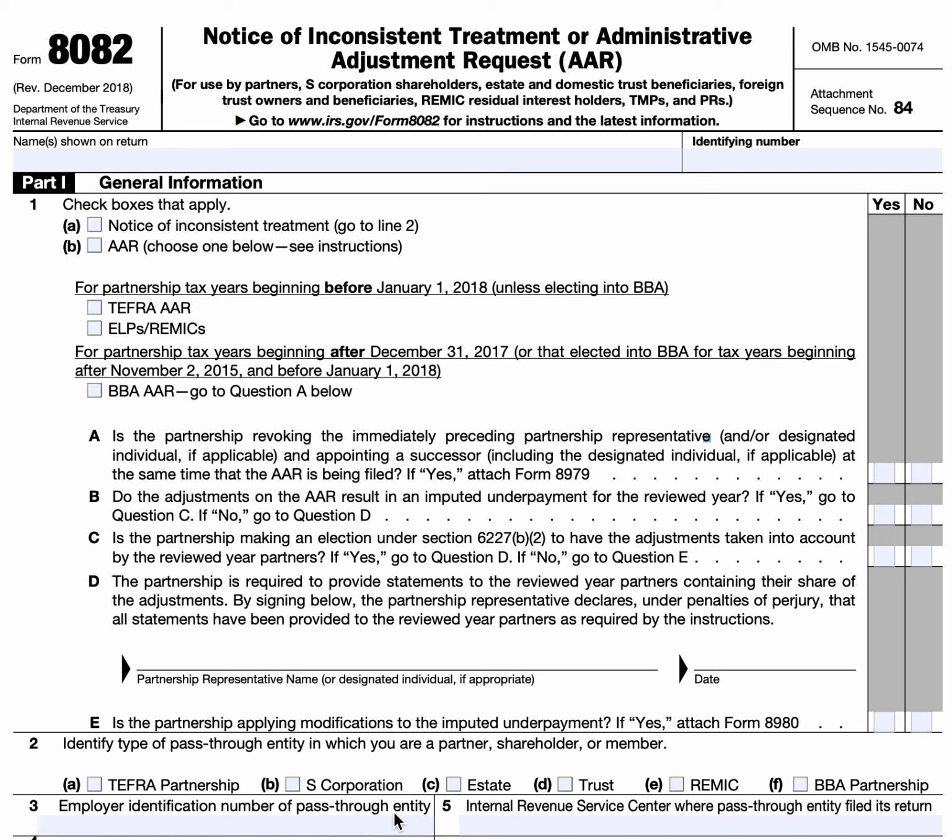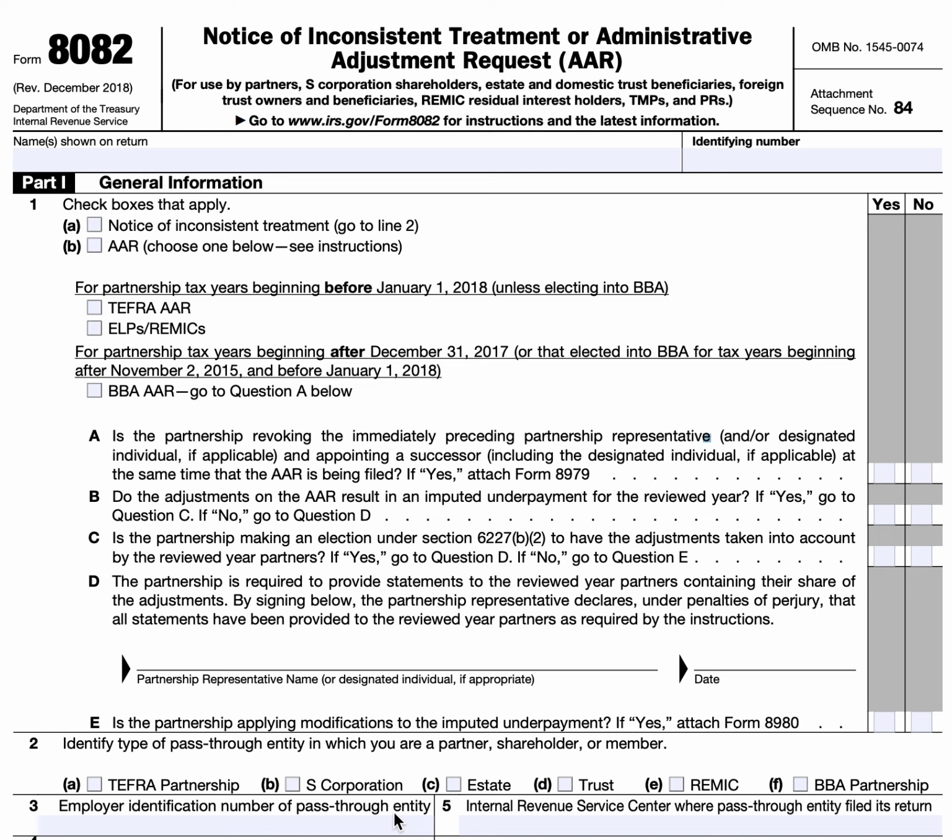But generally, after December 31st, 2017, most partnerships are going to go the route of the BBA AAR. So that's the Bipartisan Budget Act. That's the tax law that changed some of these reporting procedures.